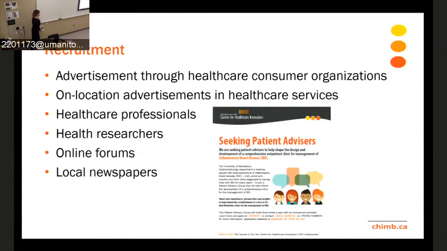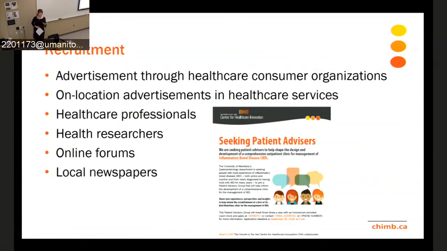So there's many, many methods to start doing recruitment. Once you've figured out your participatory approach, the way you want to engage people, then you have to start thinking about the ways in which you're going to reach out to people. Oftentimes it's building relationships with healthcare consumer organizations and having them help you spread the word, help you identify partners.